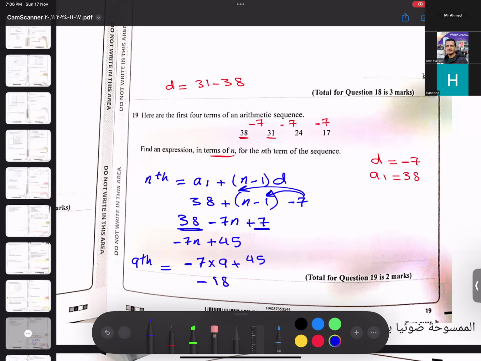I figured out the ninth term by using the rule. So the rule enables me to figure out whichever term I want, right? Did you get it? I think it's pretty simple and pretty easy.